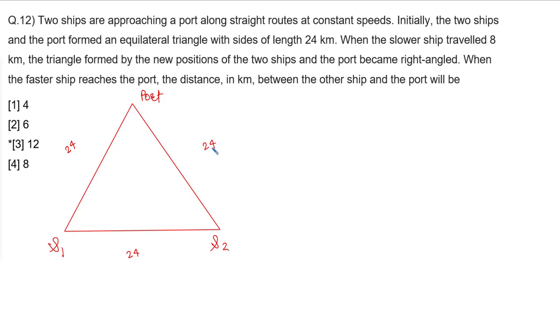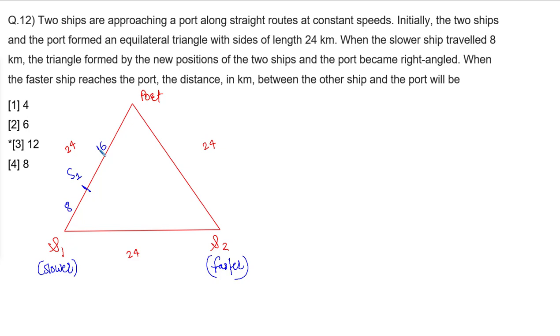When the slower ship traveled 8 kilometers, so let's say ship 1 is the slower ship and ship 2 is the faster ship. Now when the slower ship traveled 8 kilometers, when it came over here, the remaining distance is 24 minus 8, 16. Then the triangle formed by the new positions of the two ships is a right angle triangle.